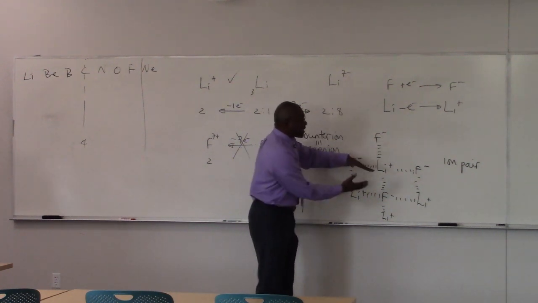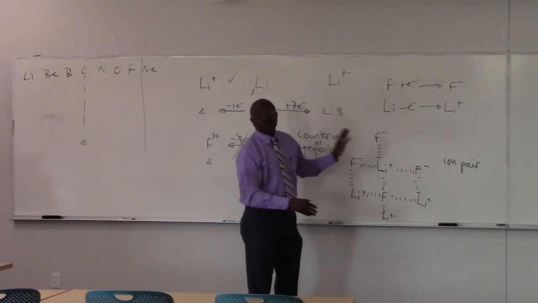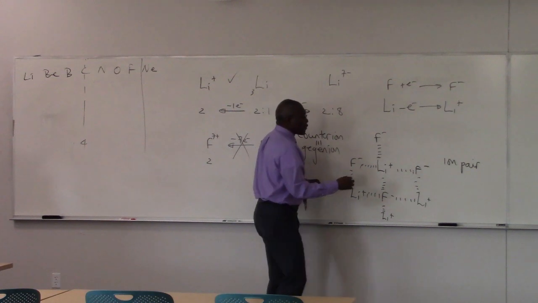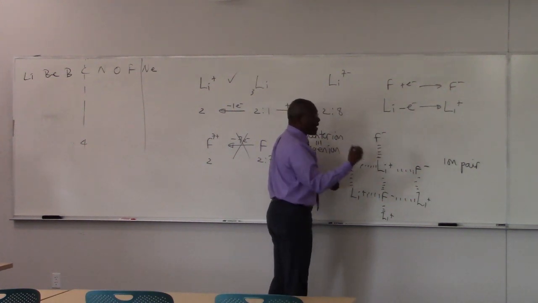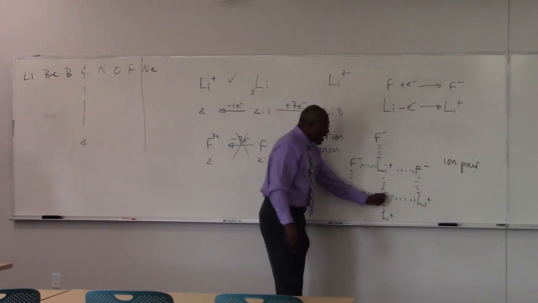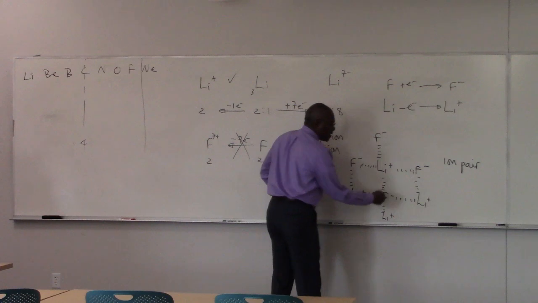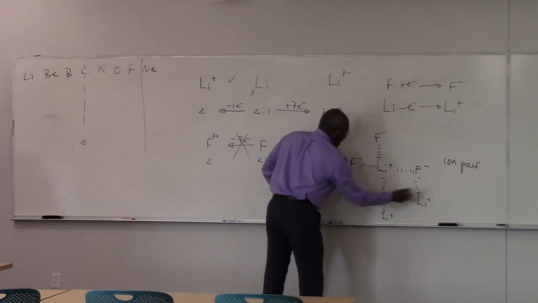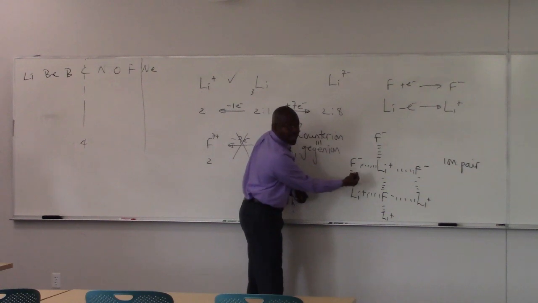So you can imagine the lattice displays one up or one down, or one left or one right. It doesn't really matter. So I'm going to have the lithium surrounded on 6 sides by fluorides. I'll have the fluoride surrounded on 6 sides by lithium plus: top, bottom, right, left, front of the board, and then behind the board.